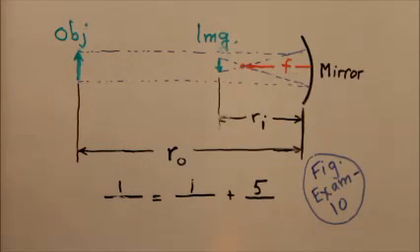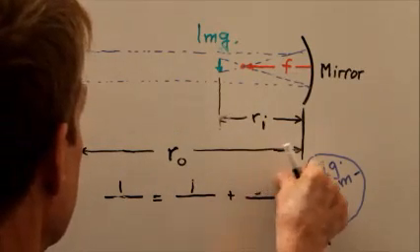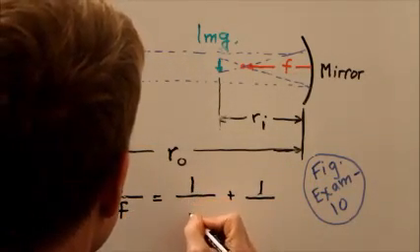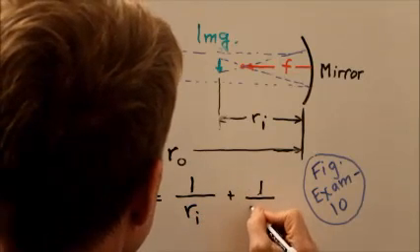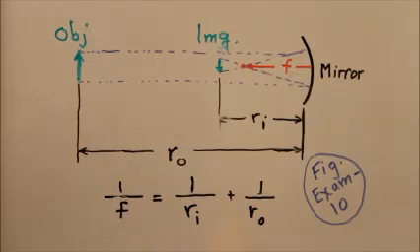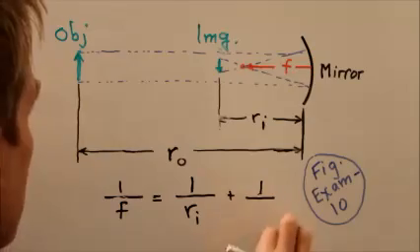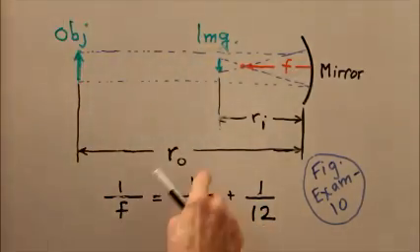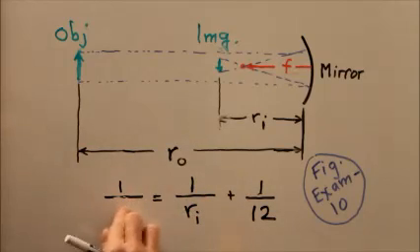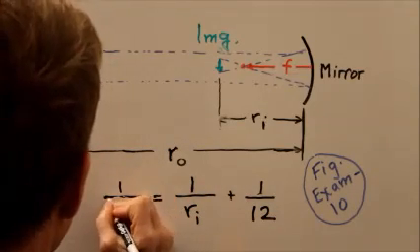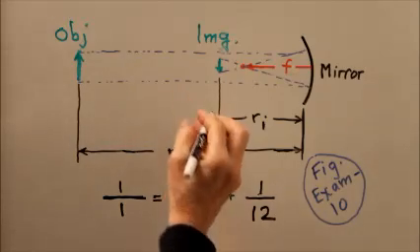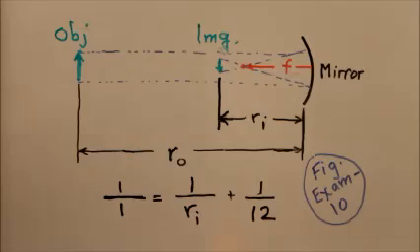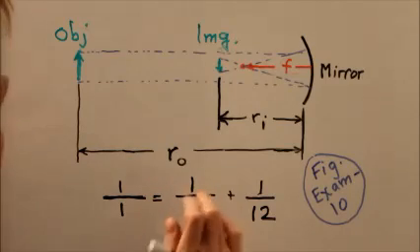Well, now we have the situation, remember the formula, 1 over f equals 1 over r sub i plus 1 over r sub o. Now r sub o is 12. So this particular value, again, our focal length we're arbitrarily considering to be 1 unit. This now becomes 11/12.